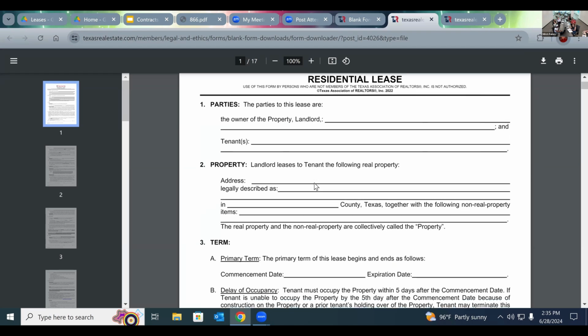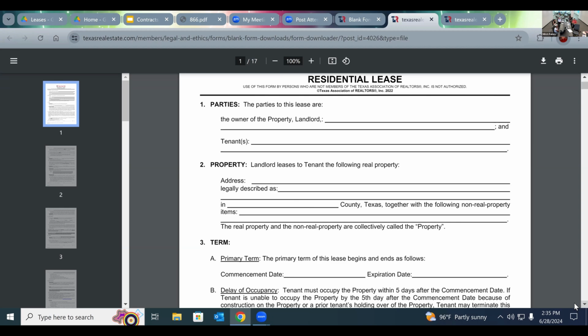Now, with this, they've done it address first, legal description second, and everything else is the opposite direction. Which county is it in? What non-realty items will be staying with the property? Washer, dryer, kids' play set.